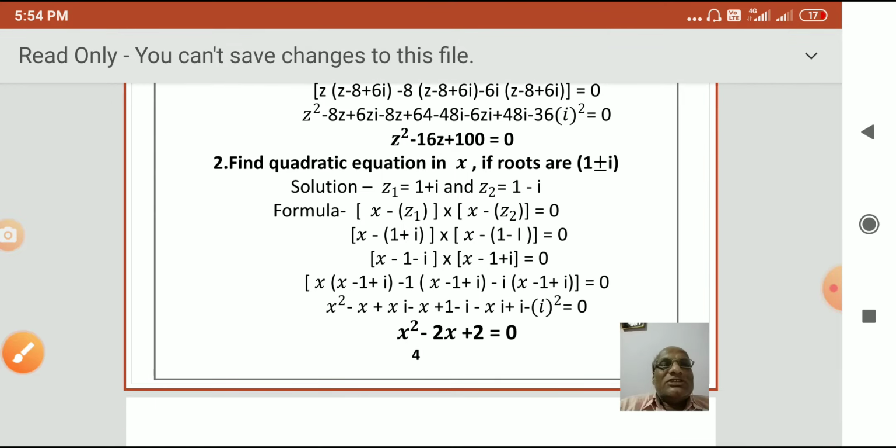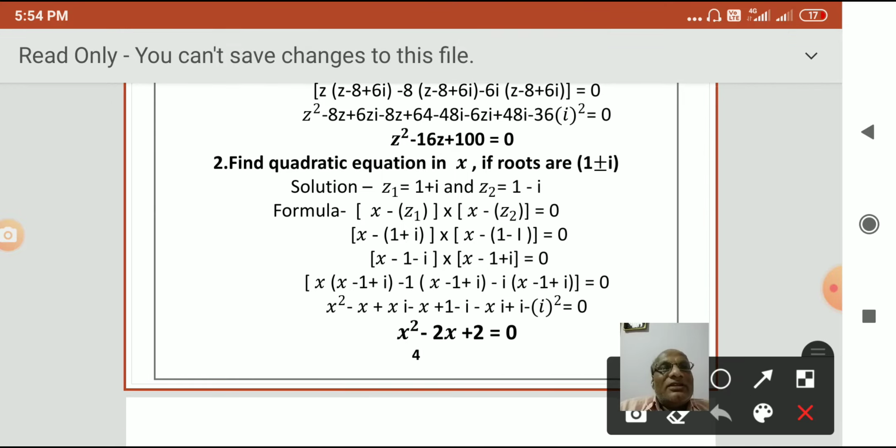These terms are: x into x, x square; x into minus 1, that is minus x; x into i, that is xi; first bracket solved. Now second: minus 1 into x, so minus x; minus 1 into minus 1, so plus 1; minus 1 multiplied by i, that is minus i. Second bracket is also solved.